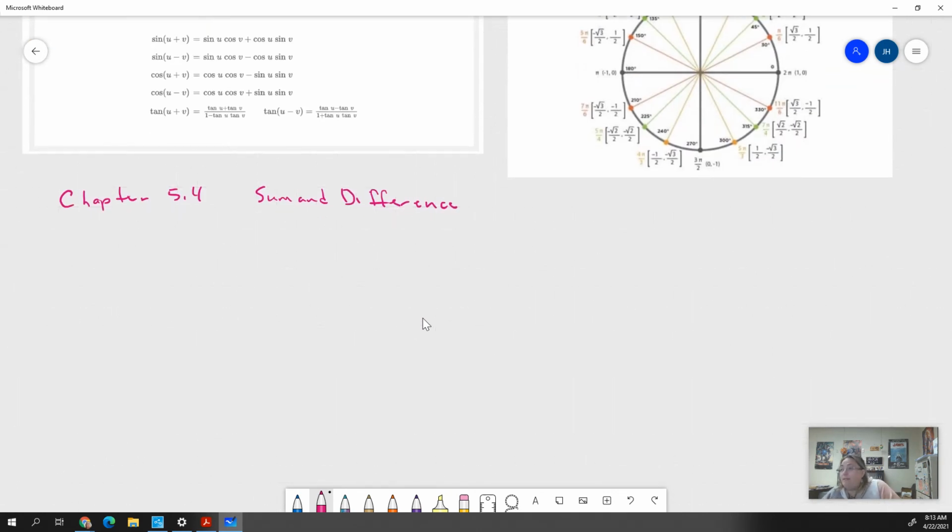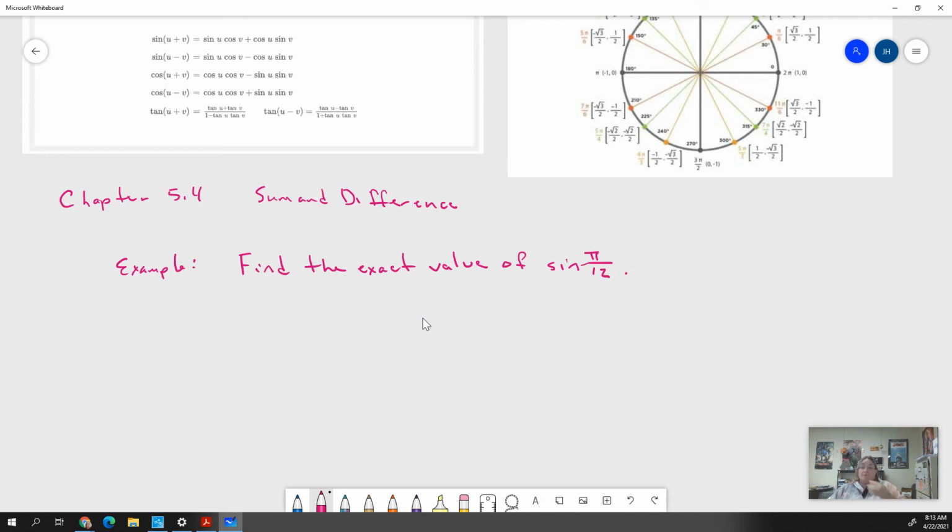So in our first example, we're going to be asked to find the exact value of sine pi over 12.